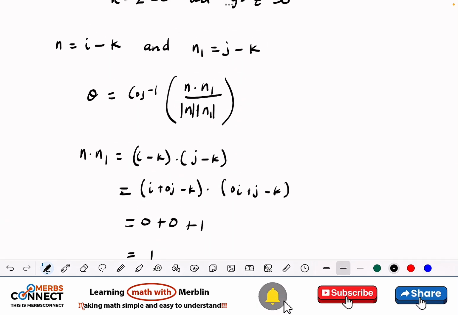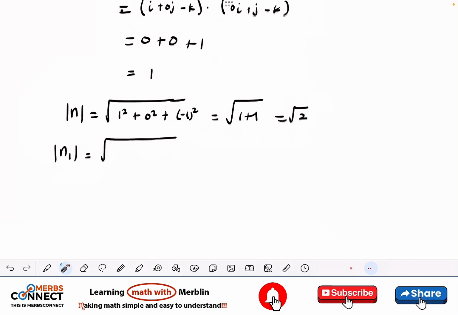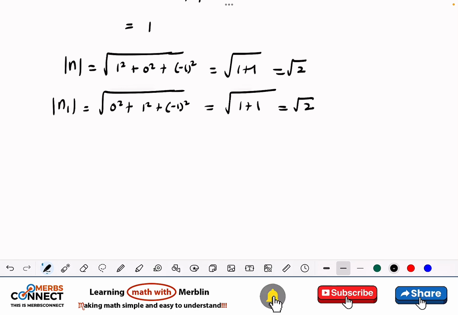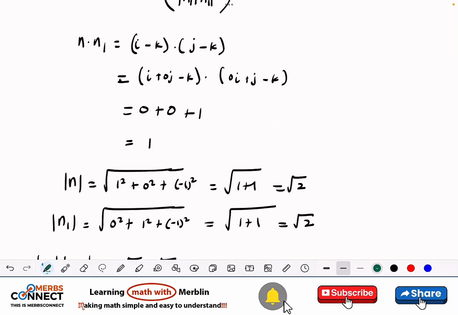That one we don't have i, so I'm going to have 0 squared plus 1 squared plus minus 1 squared, and I'm going to have 1 plus 1, which is equal to root 2. Now what can I do? I need the magnitude of this times the magnitude of that. So root 2 times root 2, and this is going to give us 2.